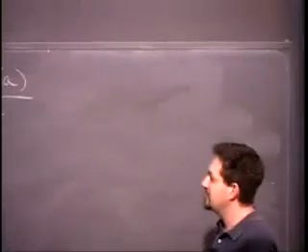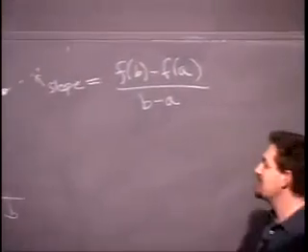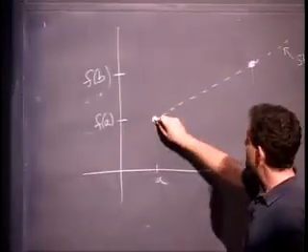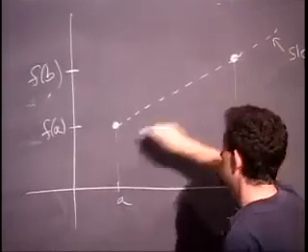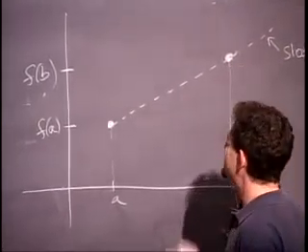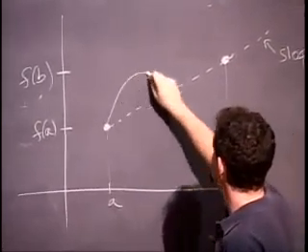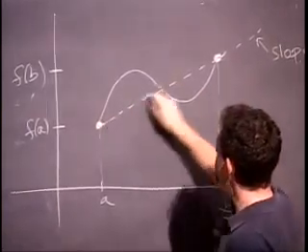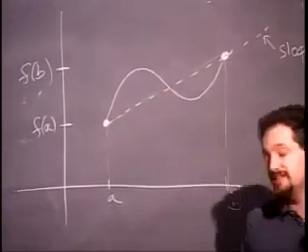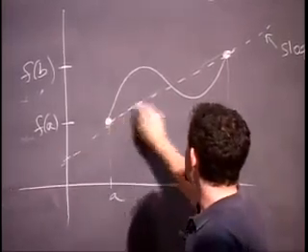Right. So what does the theorem say? It says no matter how you connect those dots, as long as you join them by a curve that's continuous and smooth, there's at least one point where the slope is equal to this slope. And of course, if two lines have the same slope, then they are parallel.